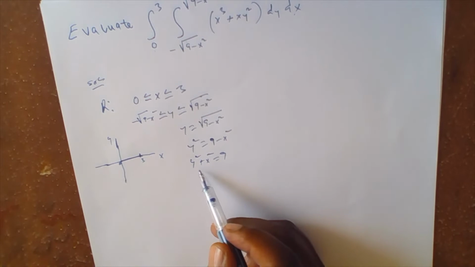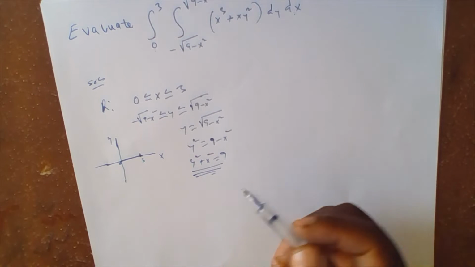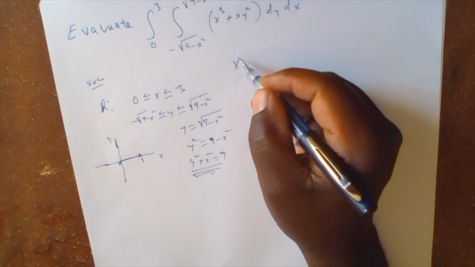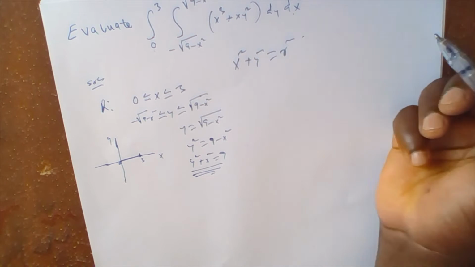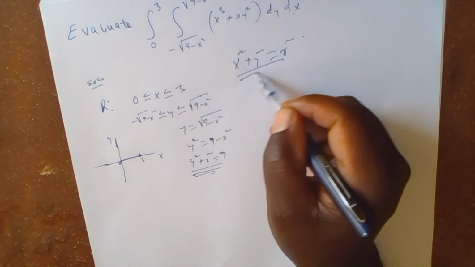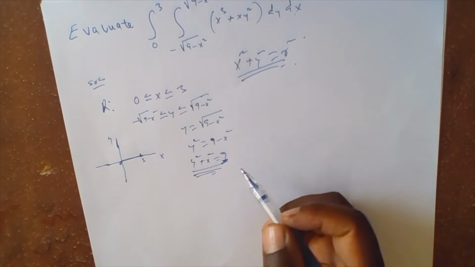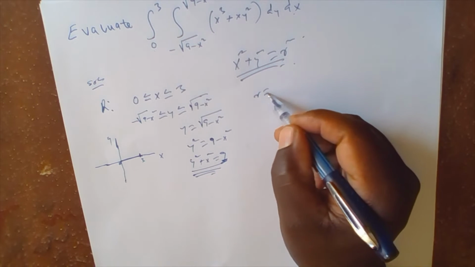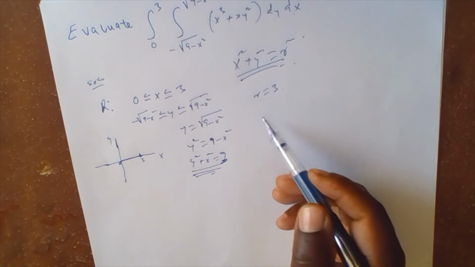Now you can see that this one is the equation of a circle. The equation of a circle is always given by x squared plus y squared equals r squared. So from this equation of the circle, we can get the radius. If this is 9, then it means that radius equals 3.